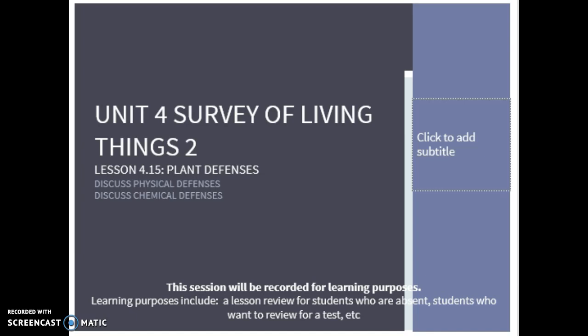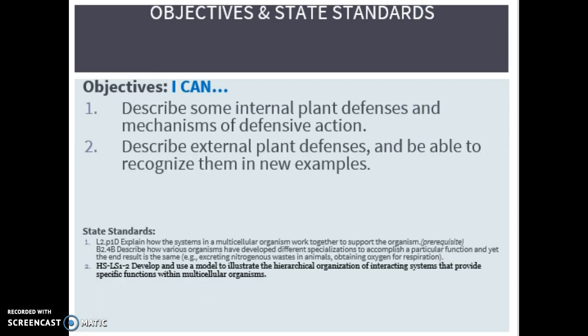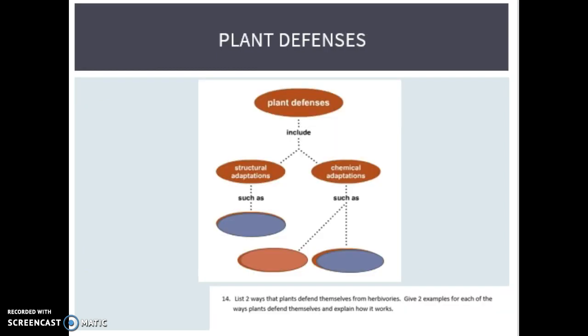But we'll be looking at these I can statements, some internal plant defenses, and some external plant defenses. And we'll be looking at some examples going through Study Guide 14. So plants have two types of defenses.